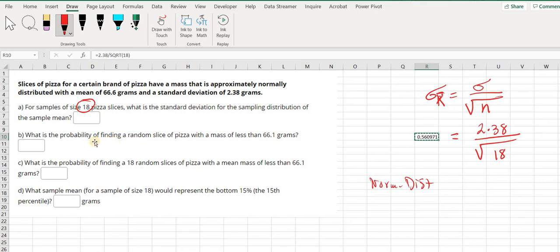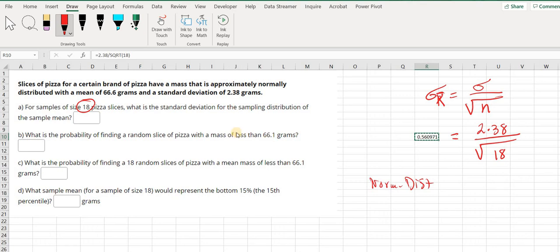So here, the question doesn't ask about a certain sample out of the population, and it doesn't ask about the average mass of pizza slices out of a sample. This means it's just going to be out of the population, and this is the regular normal distribution we studied before.